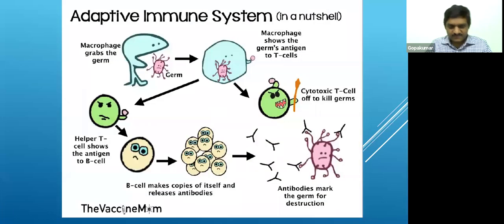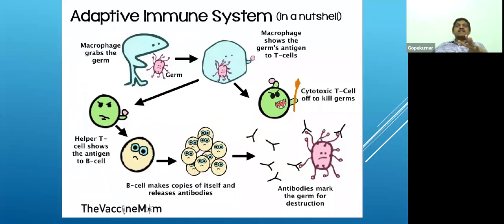And this is very interesting, how our immune system works. Again, it's a bit of biology. When a particular germ or pathogen, like a coronavirus, enters our body, our body has a two-layer defense mechanism, layer 1 and layer 2. In layer 1, cells called macrophages and other things will grab the germ.